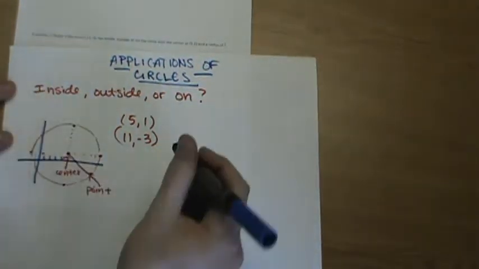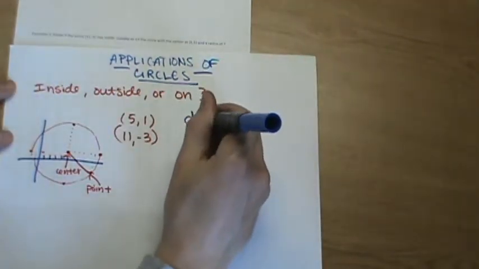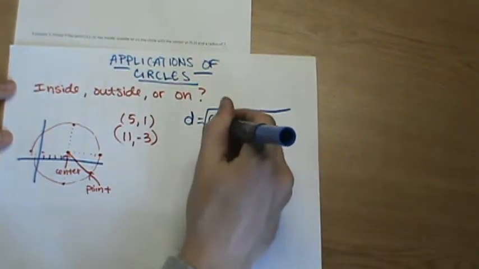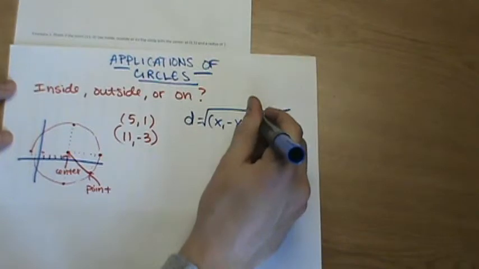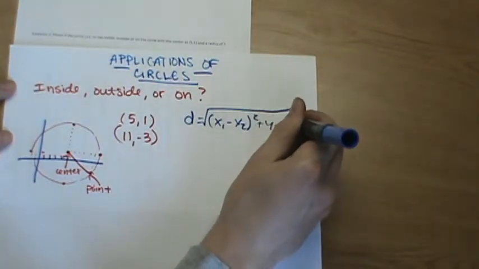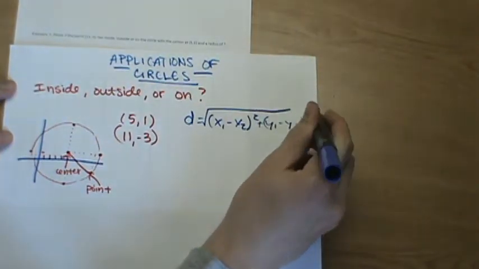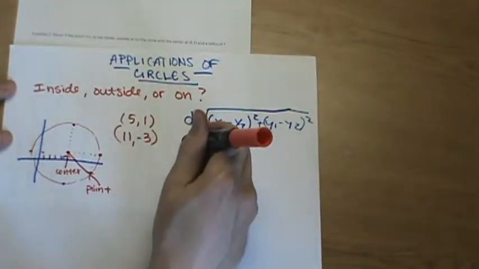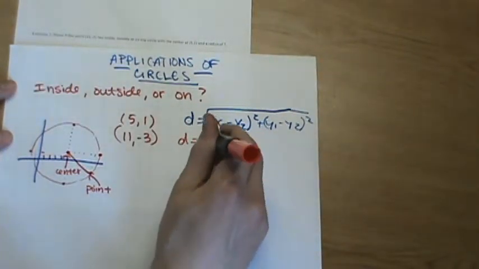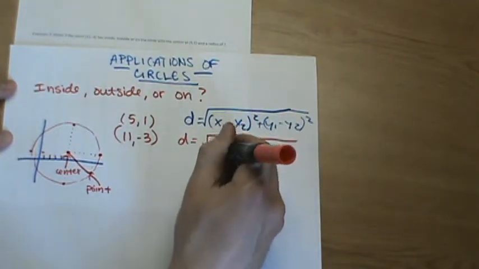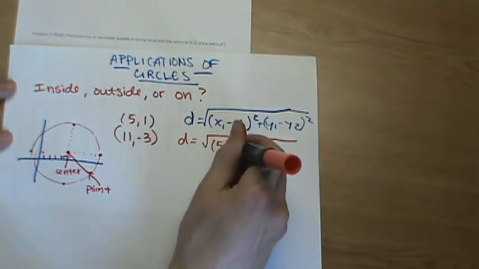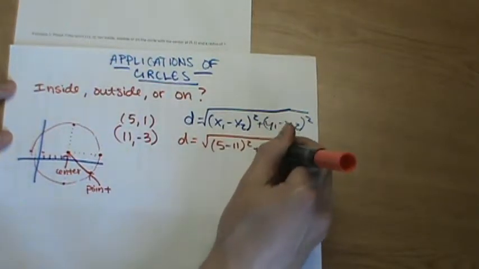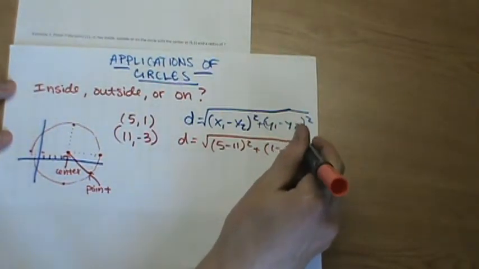So find the distance between those 2 points. Well, to begin, let's write down our distance formula. D equals the square root of x1 minus x2 squared plus y1 minus y2 squared. Okay? The distance then is the square root of 5 minus 11 squared plus 1 minus negative 3 squared.